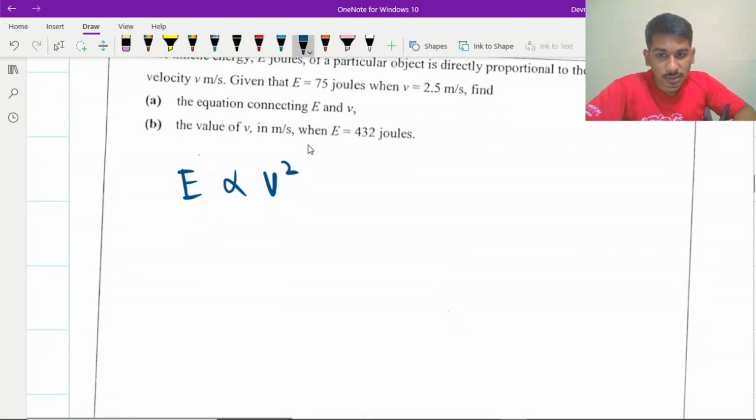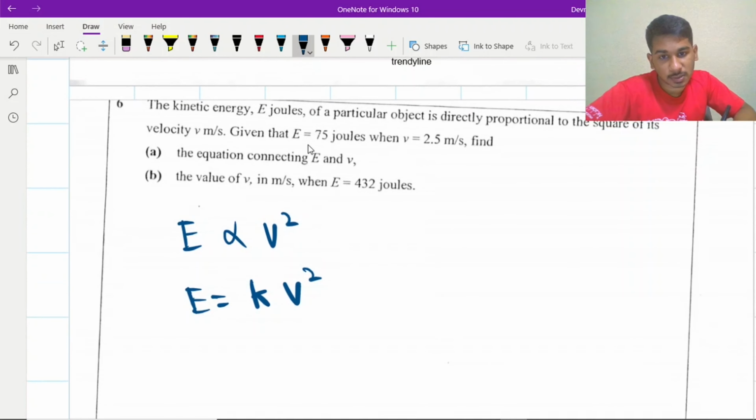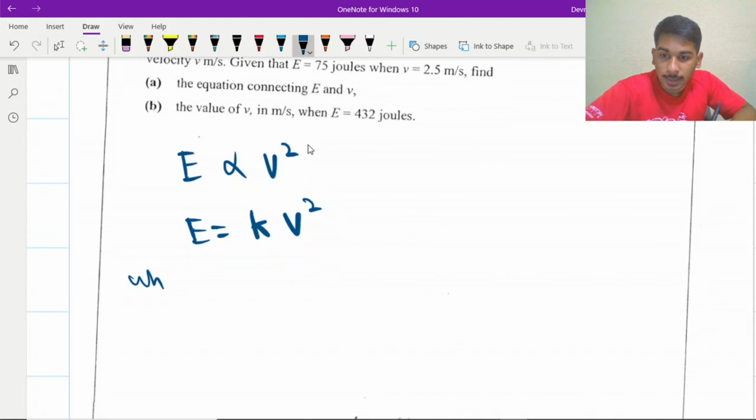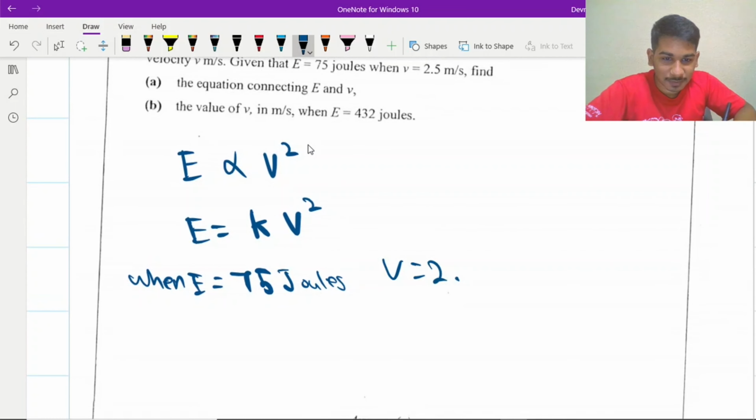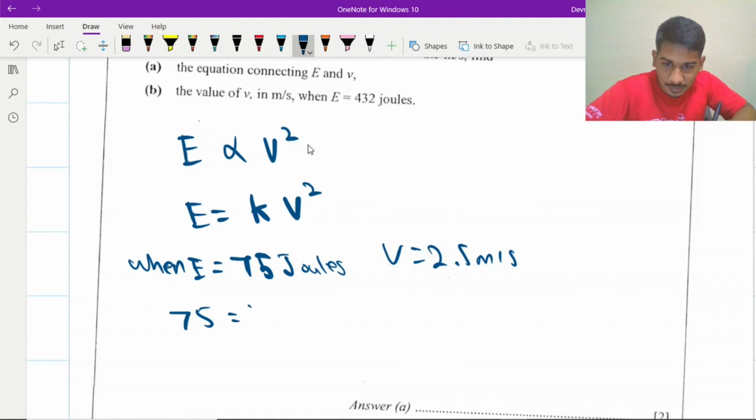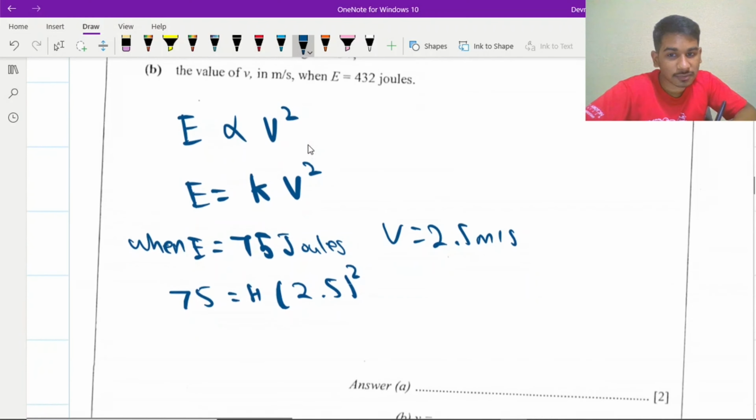If they're directly proportional, it has to be E equals K V square. So I'll just sub it in: 75 is equal to K times 2.5 square.